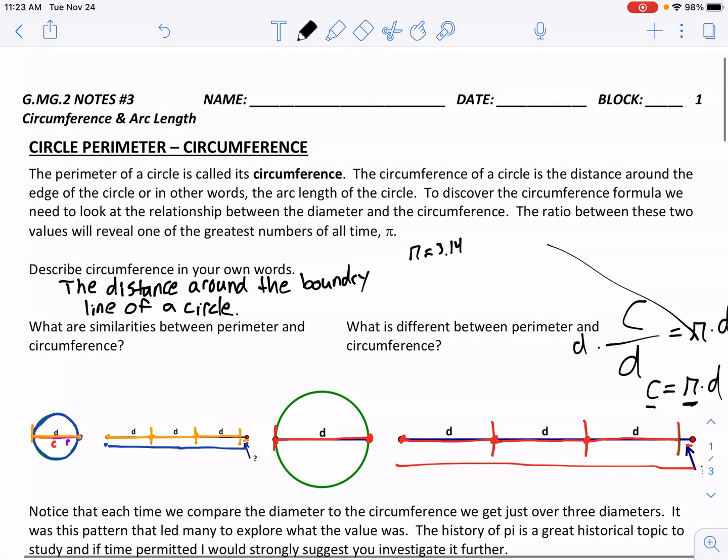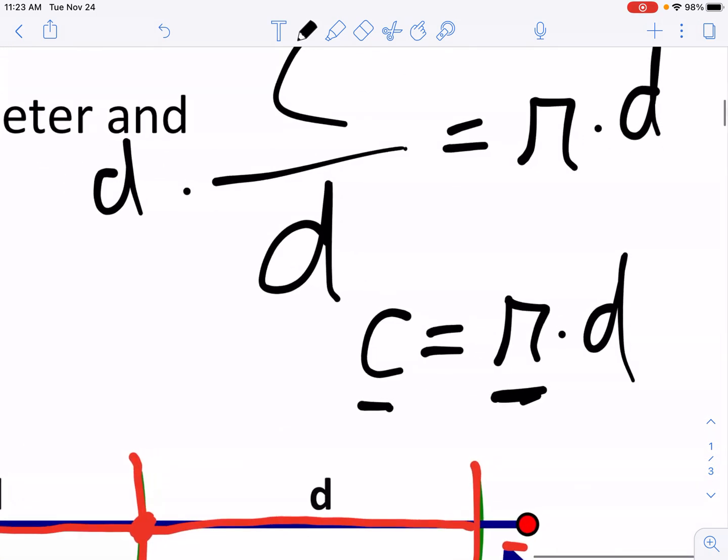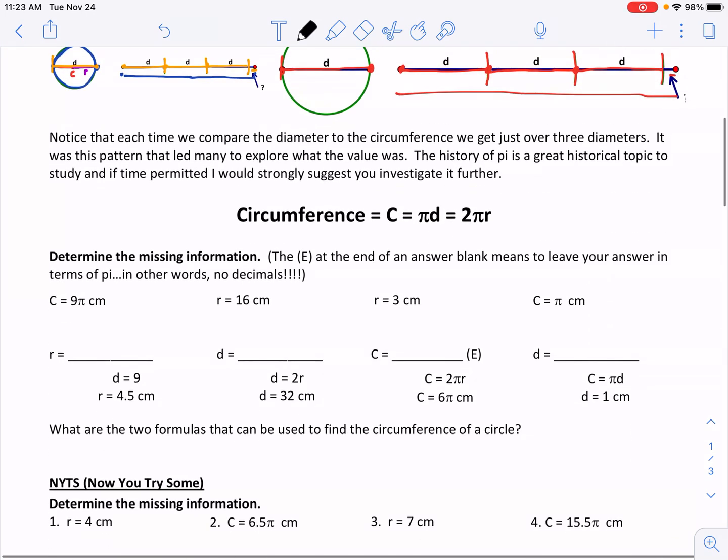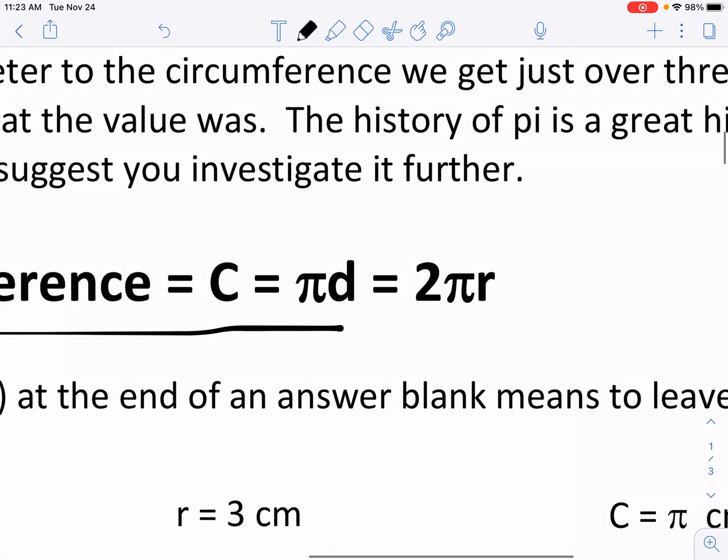Now that we know what it represents, we can take pi times the diameter of our circle, and that would always give us the circumference. In other words, if we're talking about the entire circle, the perimeter, that's the circumference of our circle. That's where this comes from. So the circumference is pi times diameter, or if we think about it a slightly different way, 2 pi r.